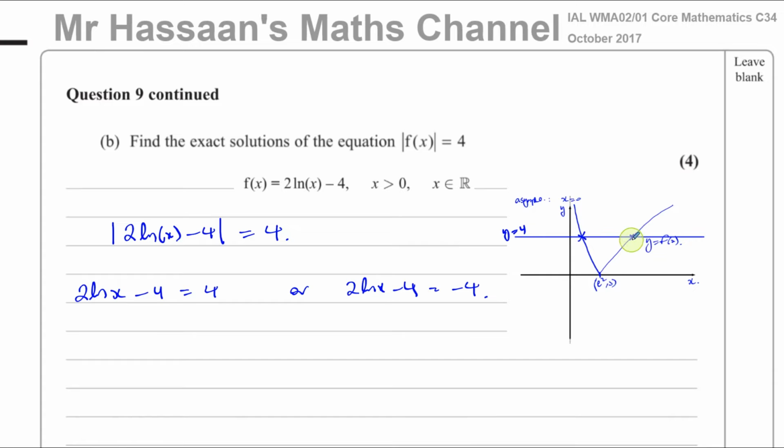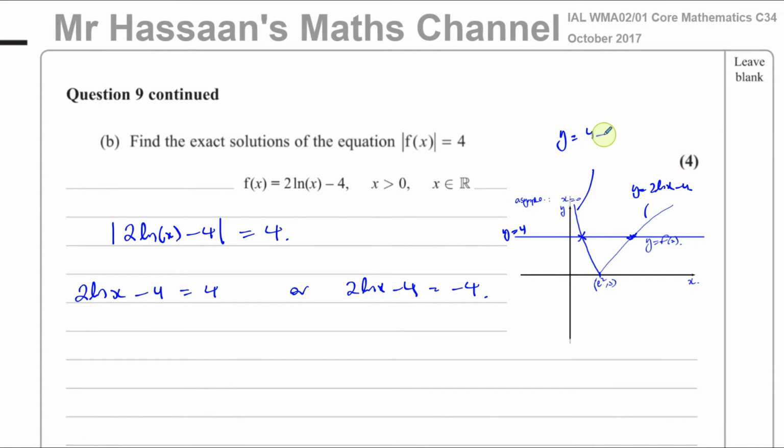Graphically, this is the positive argument of the modulus function, when you just leave everything as it is. So this is going to be y equals 2 times ln x minus 4. And this would be the negative argument, where you change the sign of everything inside the modulus sign.